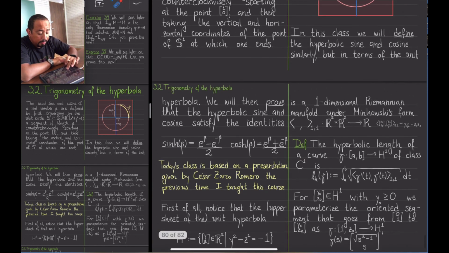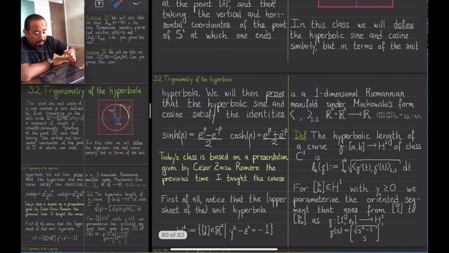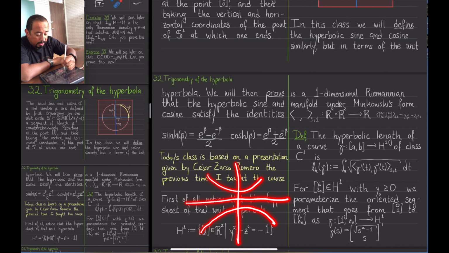Okay, so first of all, which hyperbola? I'm going to take this hyperbola, which is a hyperbola that opens vertically, as we saw last class. And I'm going to work with the upper sheet.